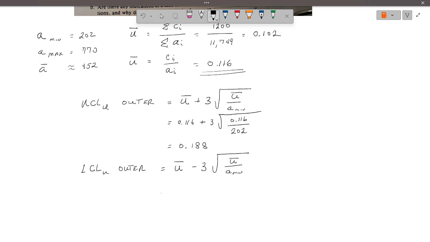Okay. And put the numbers in: 0.116 minus 3 square root of 0.116 over 202. And if the math's all right here, that should wind up as 0.044. Okay.